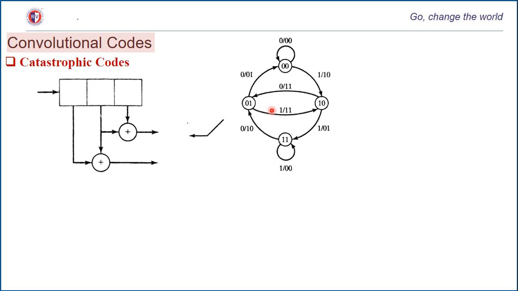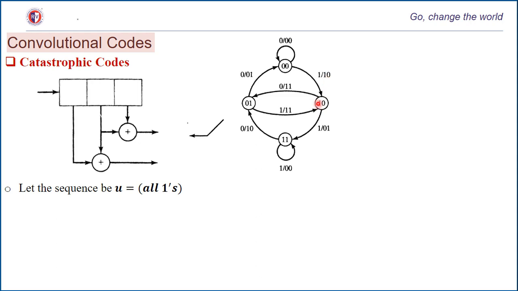What we are focusing on for this particular example is that, let us consider the input sequence is all ones. It's a very long sequence of all ones. If that is the case, you can see the transition in the state diagram. If I start with 0 0 and the incoming first bit is 1, it will transition to 1 0 with the output 1 0.